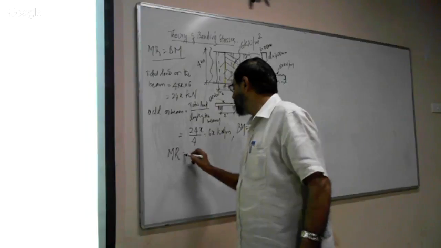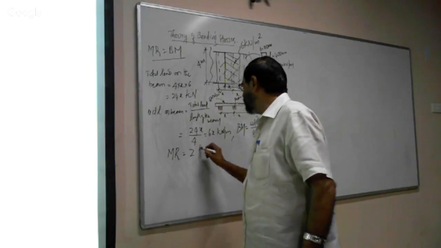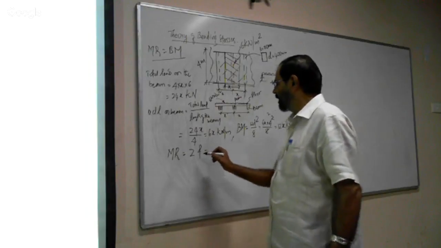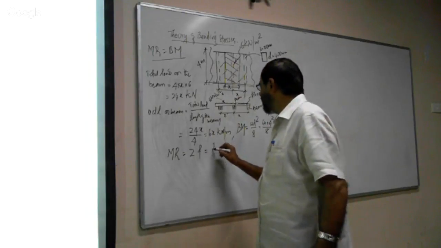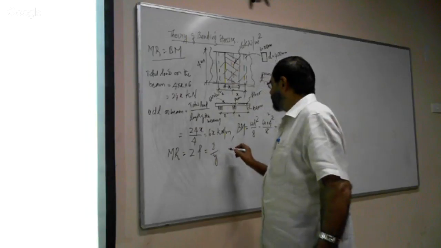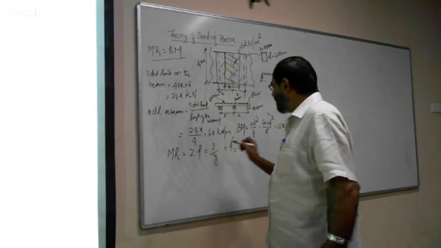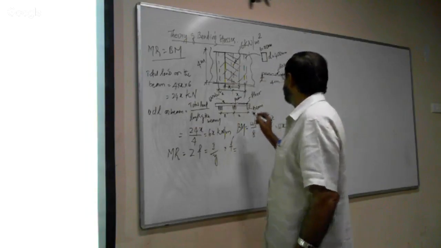MR, the moment of resistance, is equal to Z into F. Now Z is equal to I by Y, multiplied by F, isn't it? That is equal to BD cubed by 12.